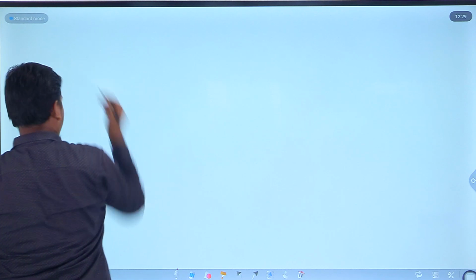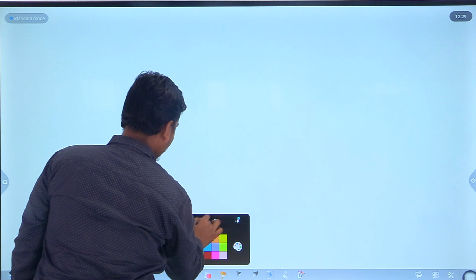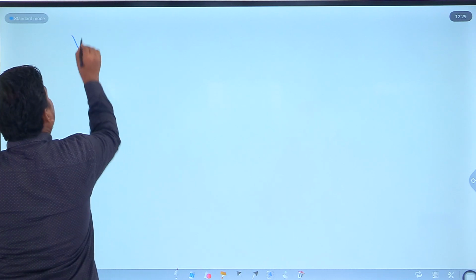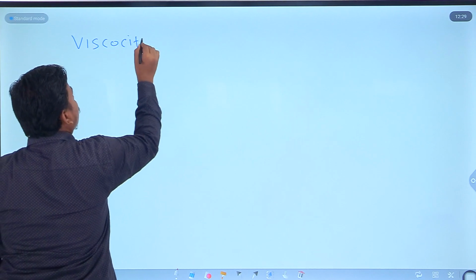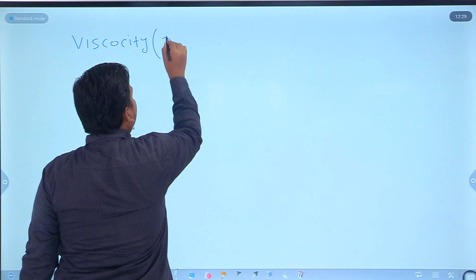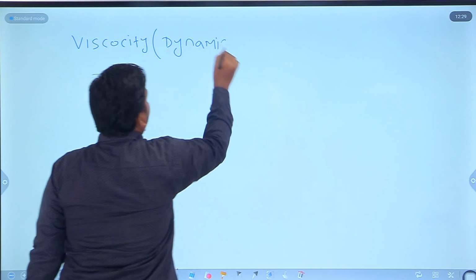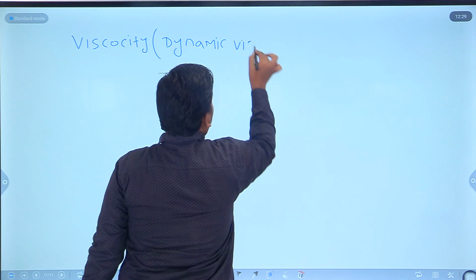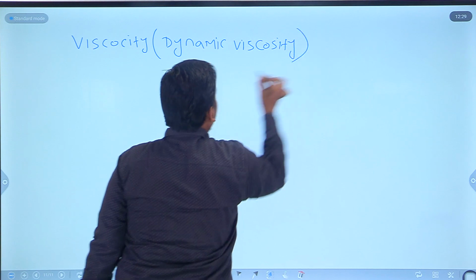Then comes viscosity, or dynamic viscosity. It obeys Newton's law of viscosity.